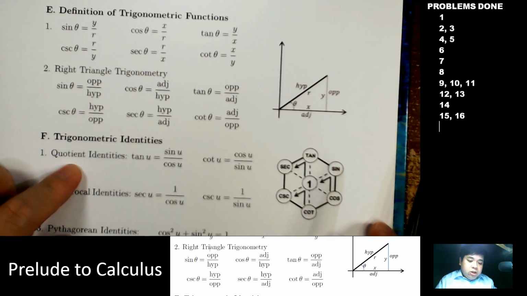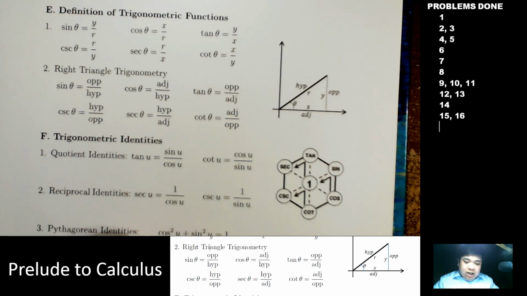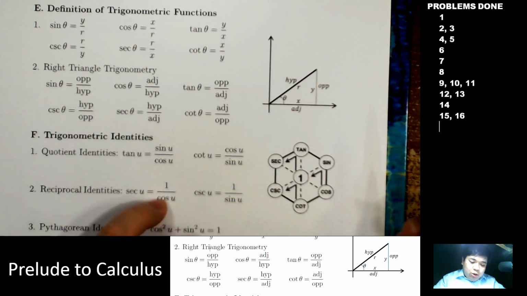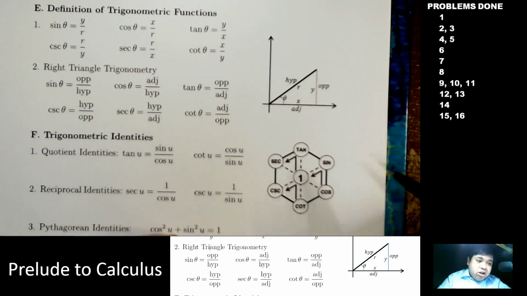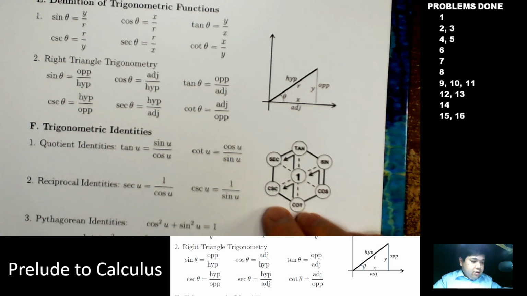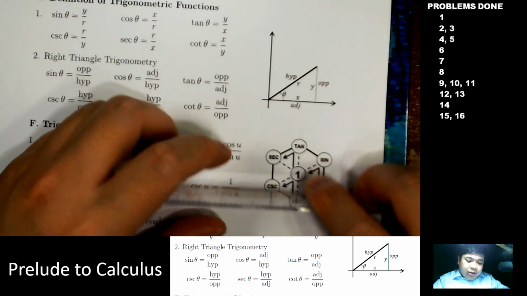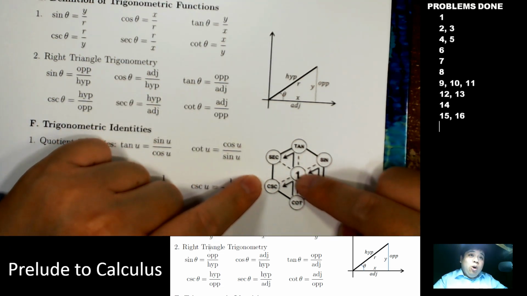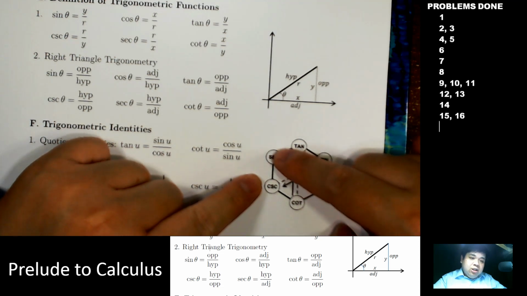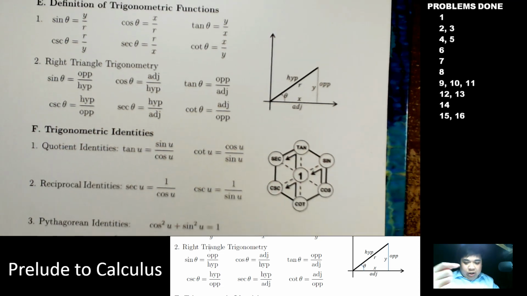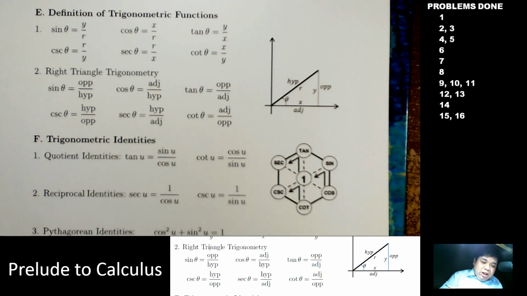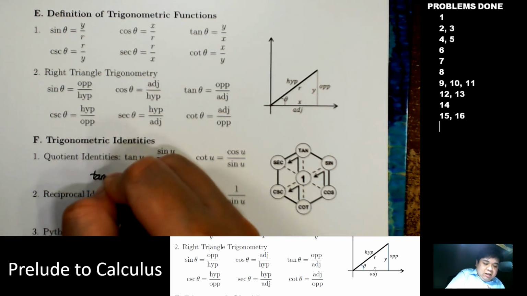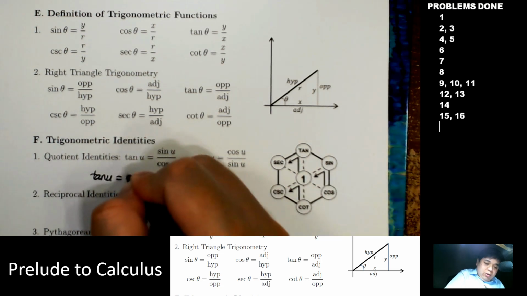Next, quotient. To find the quotient, for example, tangent is going to be equal to, if we put tangent on the top, we will have sine over cosine, 1 over cotangent, or secant over cosecant.